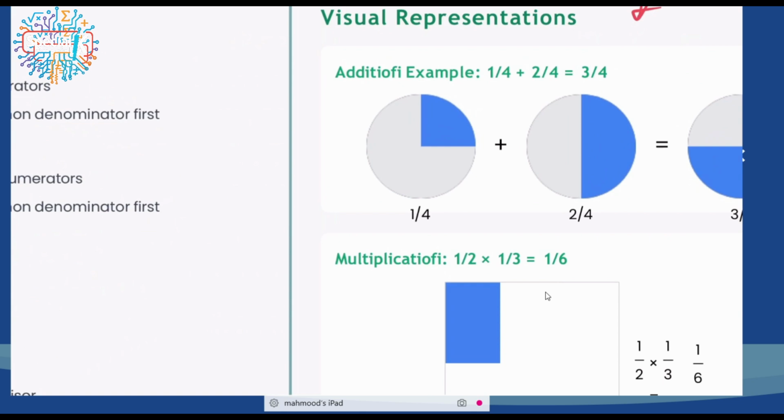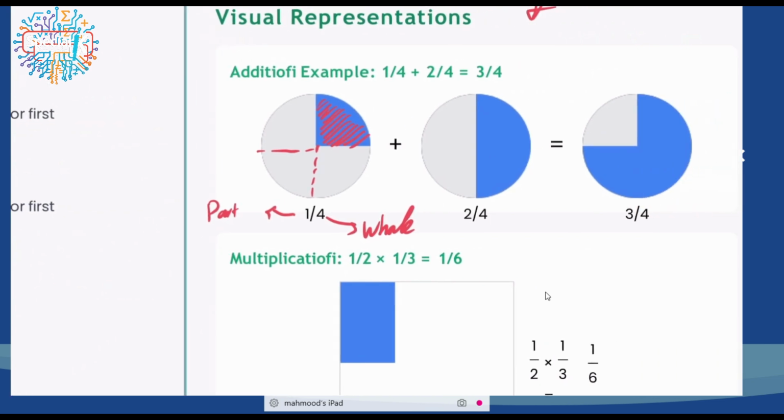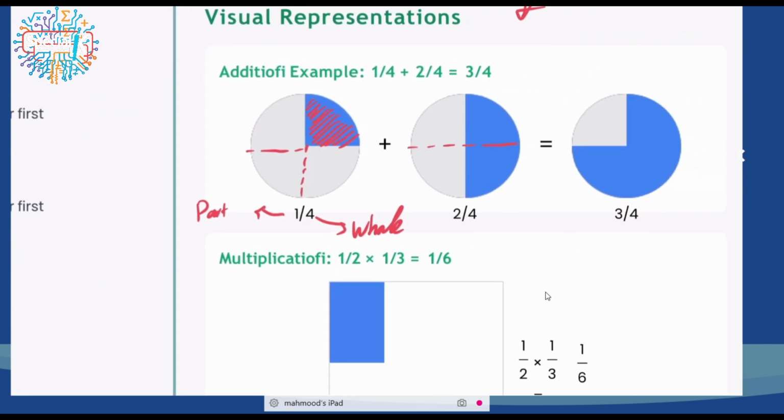Imagine that 1 is the part and 4 is the whole. If I have a circle and divide it into 4 different sections, one part out of 4 is this one, plus 2 out of 4. Again, imagine I'm dividing this into 4 sections and I have 2 out of 4. So obviously if I combine this one and this one, I have 3 out of 4.